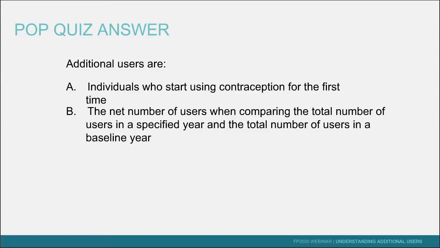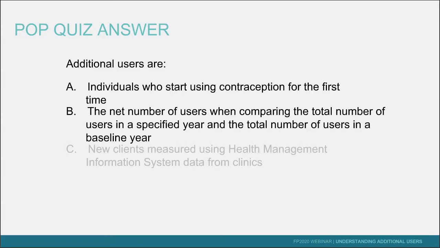But again, if you looked at a couple of these other answers, you would have understood from the discussion that individuals who start using contraception for the first time are often referred to as first-time users or adopters. They are not necessarily additional users.